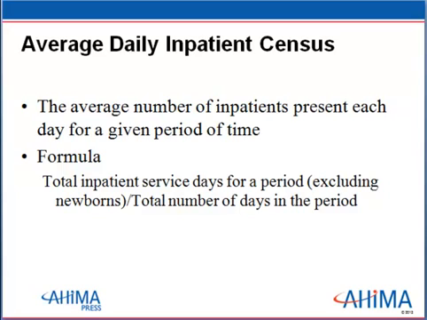And remember, when we're calculating the average census for a month, we need to know how many days are in a month. There's a little nursery rhyme in your textbook. You may have a different way of remembering, but we do need to know how many days are in each month, and if we're calculating a year, whether that was a leap year or a non-leap year.